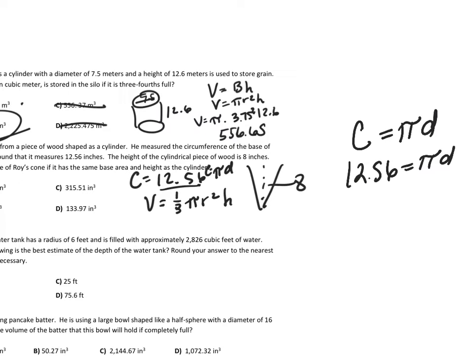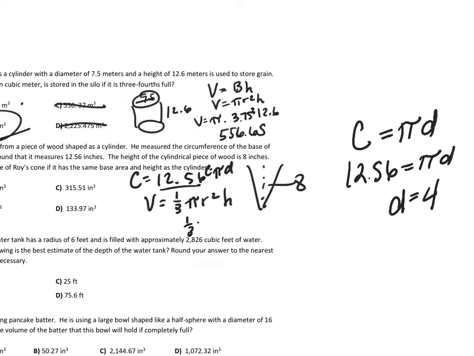So 12.56 divided by pi should give you 3.99, which is going to be 4, okay? So I'm going to say the diameter is 4. So what's the radius? 2.